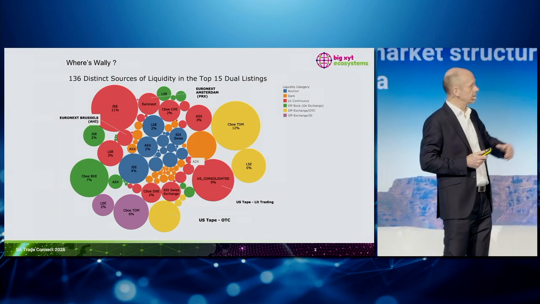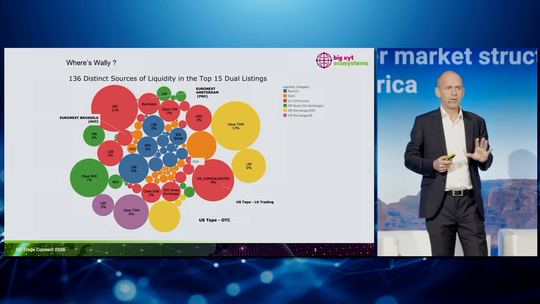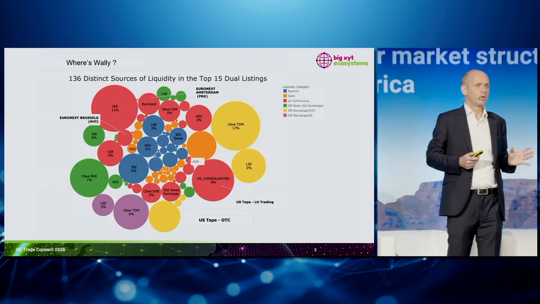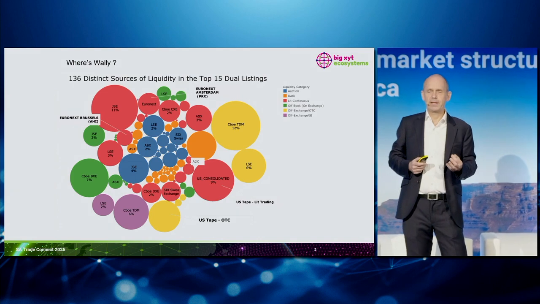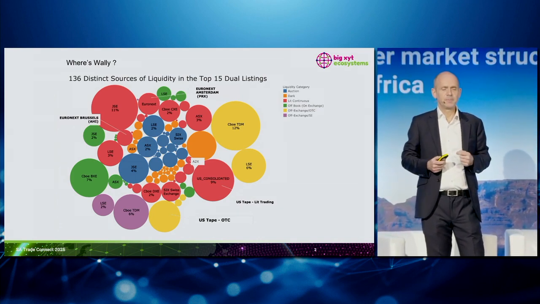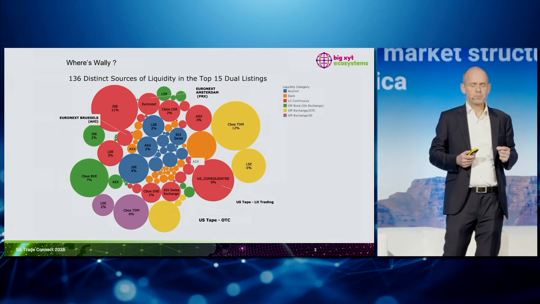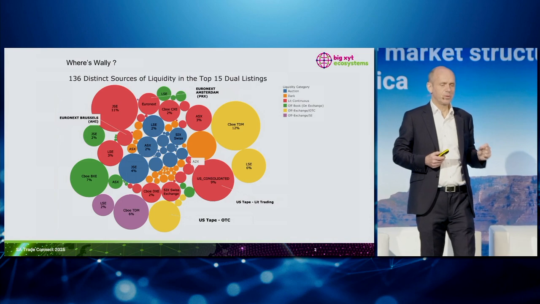What we see here is every liquidity pool on 5 continents, from ASX all the way through to the US, where the top 15 dual-listed South African securities are traded. Each one of these bubbles represents a separately definable, distinct liquidity pool.